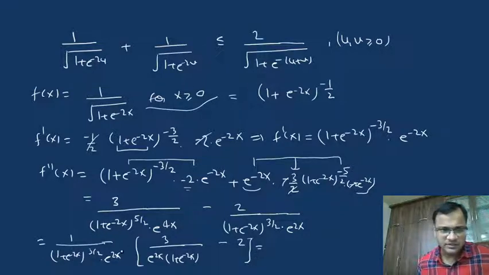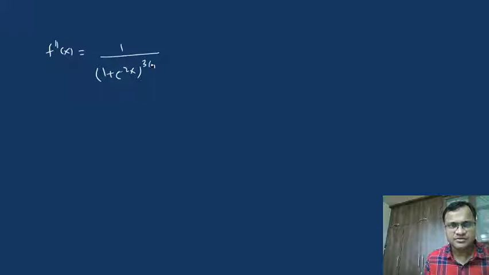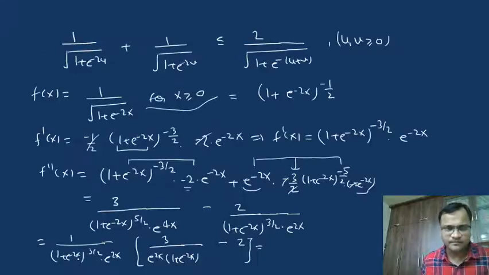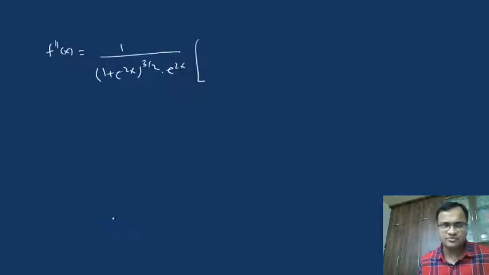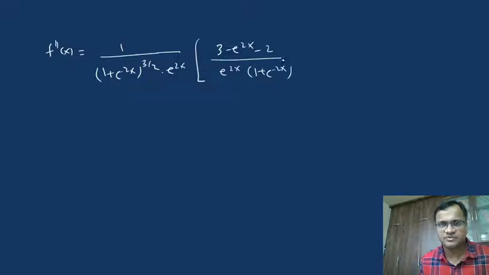Therefore, f double dash x equals 1 upon (1 plus e raised to the power minus 2x) raised to the power 3 by 2 into e raised to the power 2x, into 3 over e power 2x into (1 plus e raised to the power minus 2x), minus 2, something like that.